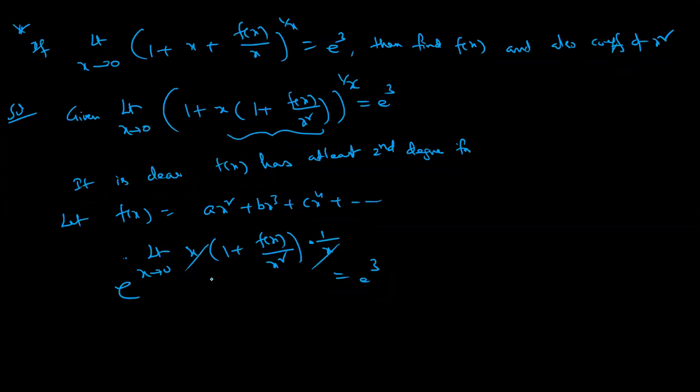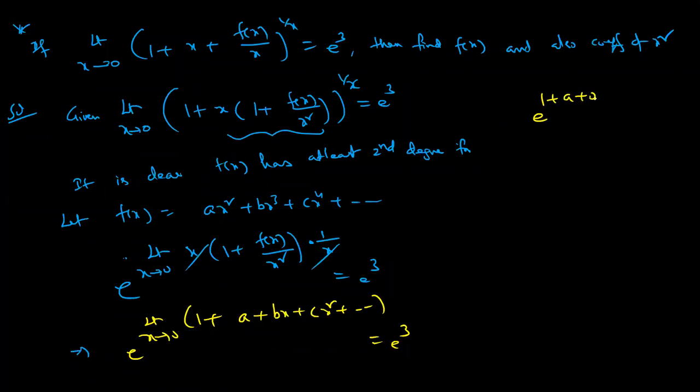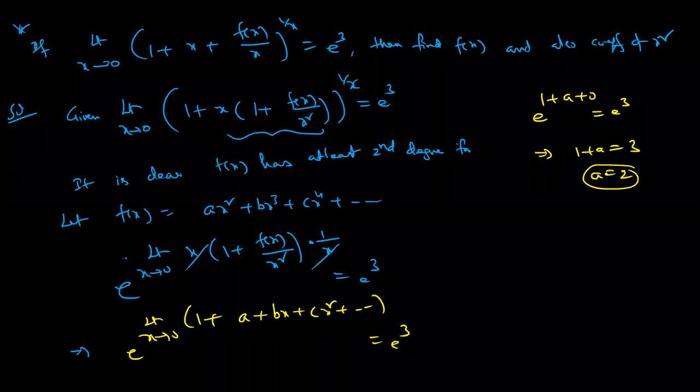What are the results coming? e power limit x tends to 0 of (1 plus f of x) means a plus bx plus cx square plus so on, divided with x square, is equal to e power 3. Put x is equal to 0, what is the result? e power 1 plus a plus 0 remaining terms. Bases are equal, powers should be equal. A is equal to 2.